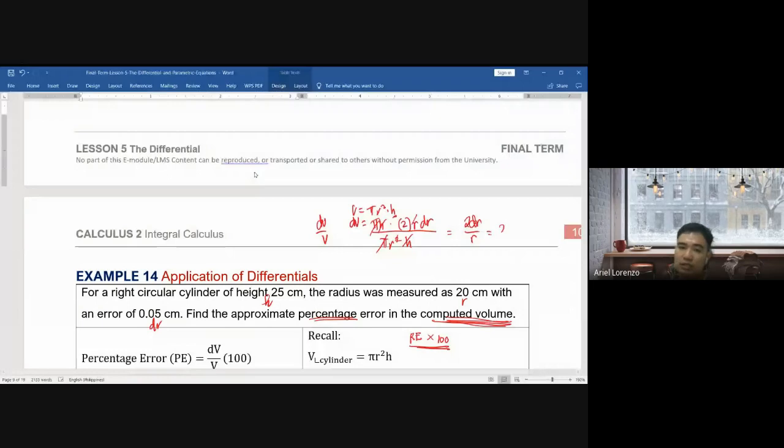So 2 dr is 2 times 0.05 divided by 20, sabi sana. So 2 times 0.05 divided by 20.